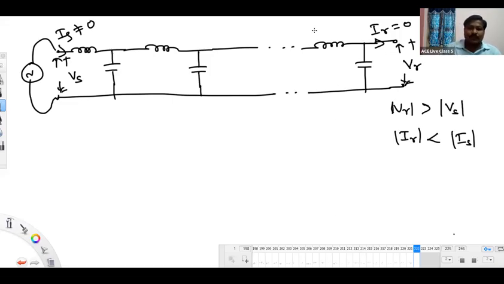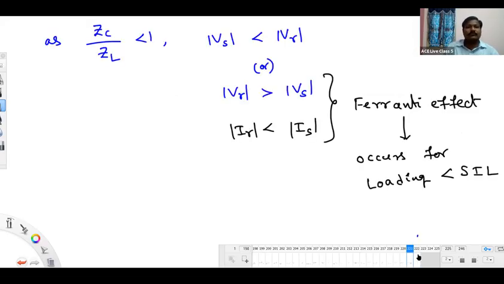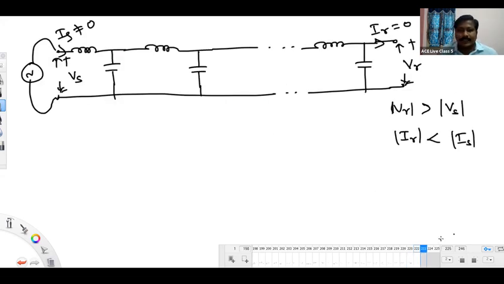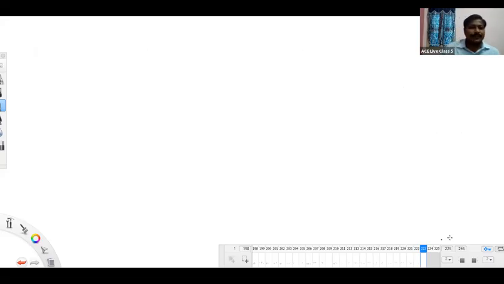Next thing. So let's have a small conclusion as a comparison between the three cases we have studied now. I'm saying here, loading equals to SIL. Here I'll say loading greater than SIL.